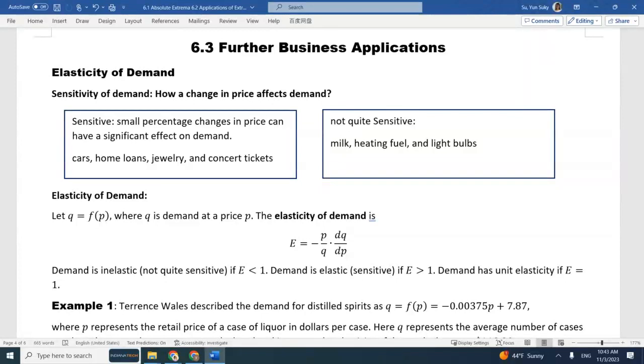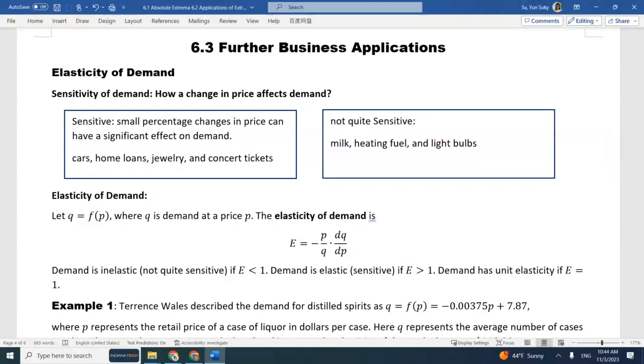Demand is elastic, sensitive, if E is greater than 1. And demand has unit elasticity if E equals 1. So this is terminology.